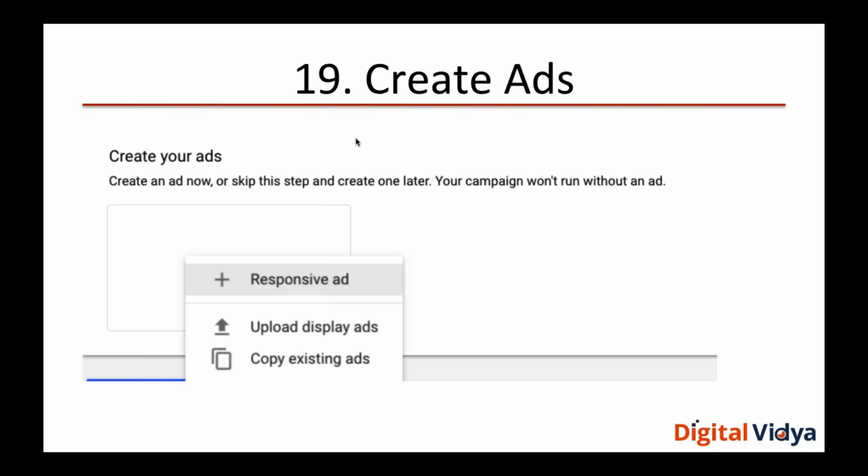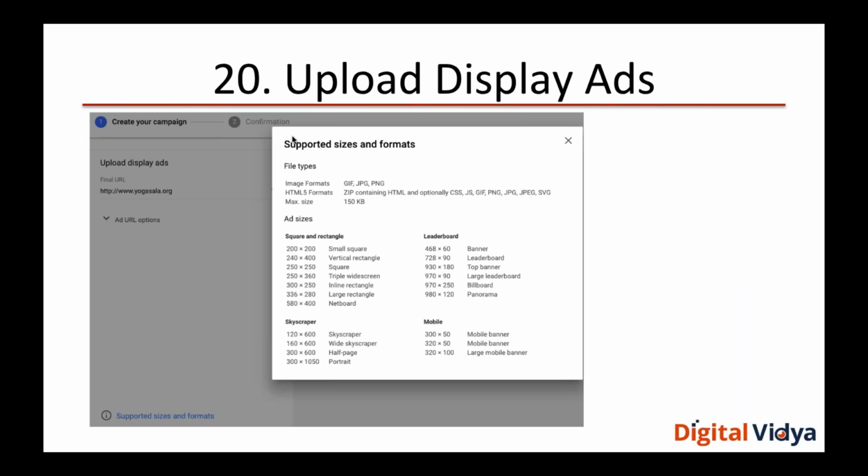So if you have a graphic designer who designs ads for you, there are certain specifications when you select that. So you just have to share these specifications with your designer. It has to be either a GIF, JPG, or PNG image, maximum of 150 KB size.